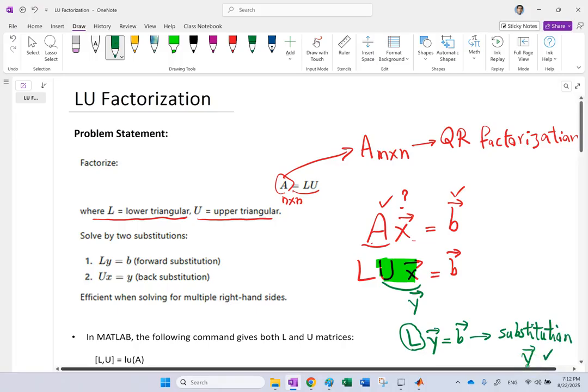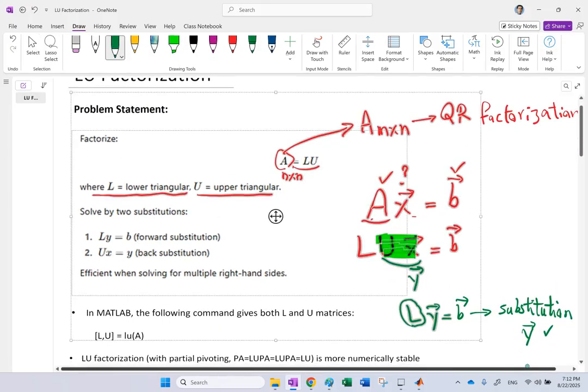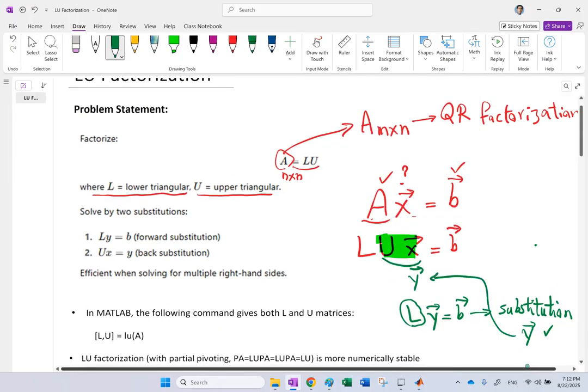Now, if I have the Y values, I'm going to plug them back up here. And now my equation is U times X equals Y. And again, since Y is known and U is known, the coefficient matrix is an upper triangular matrix. This time you start with the last variable and substitute all the way upward and you solve for X. So again, this works with substitution, and that will give you the unknown X vector.